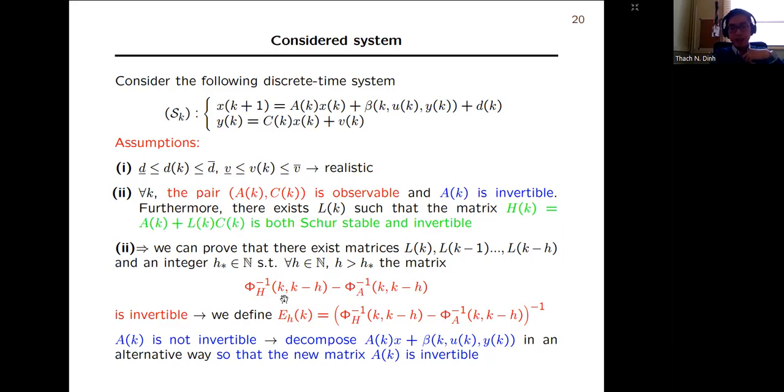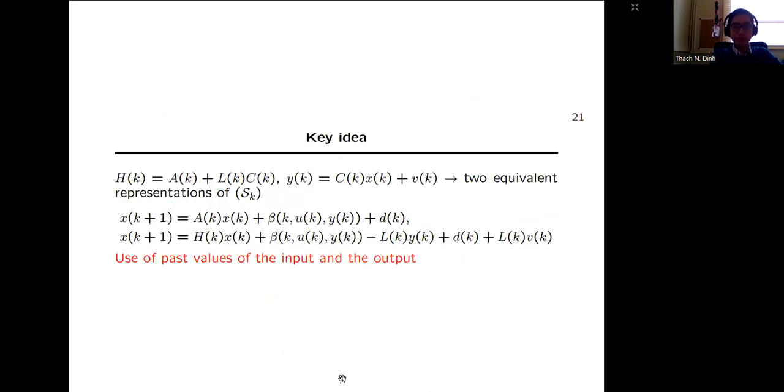And we can define the inverse of this matrix as the matrix ES as usual. The same remark applies: if AK is not invertible, we can find an alternative way to decompose AKX plus beta k UK YK so that the new matrix AK is invertible.